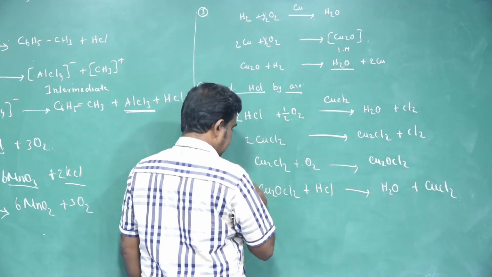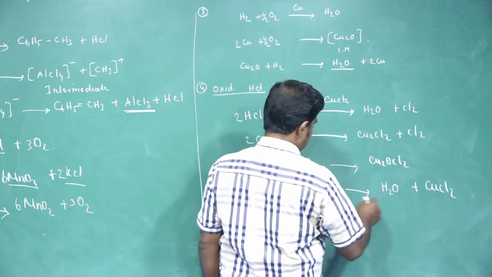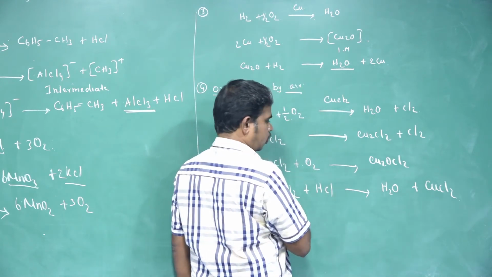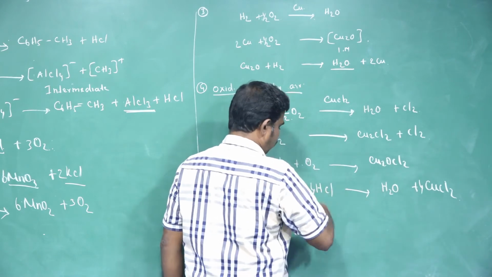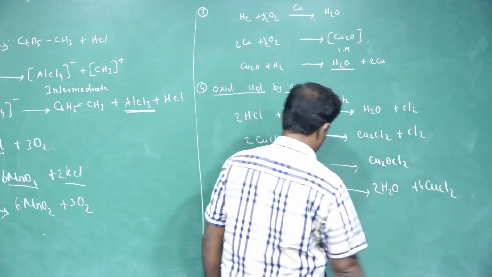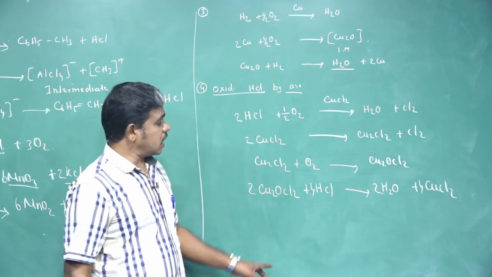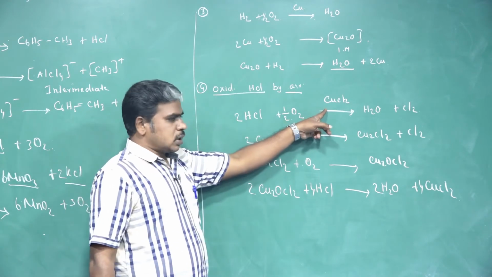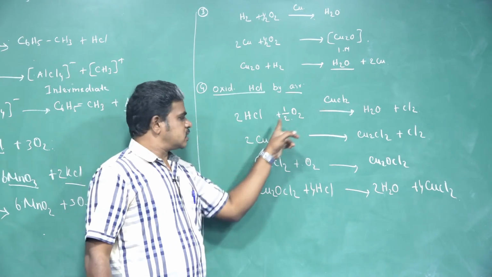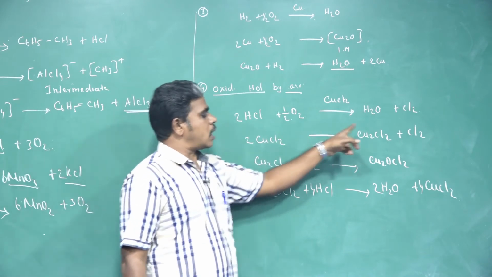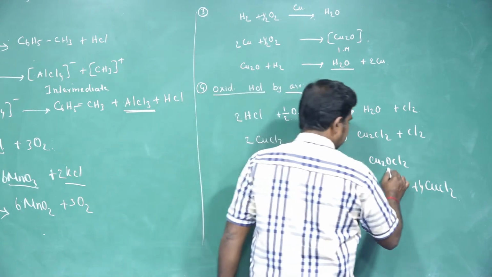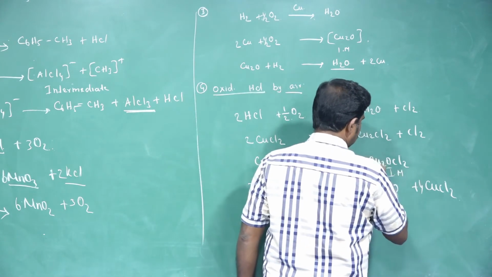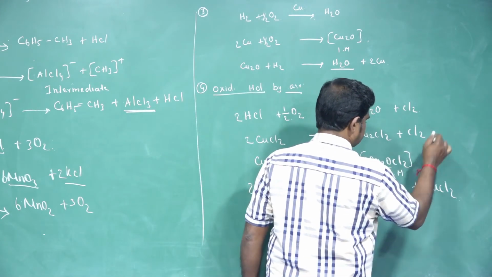So here we are taking 4CuCl2 and 4HCl and 2H2O. So here CuCl2 is the catalyst. CuCl2 gets altered, becomes Cu2Cl2 and the intermediate is Cu2OCl2.